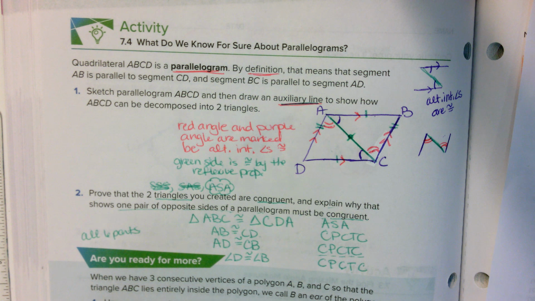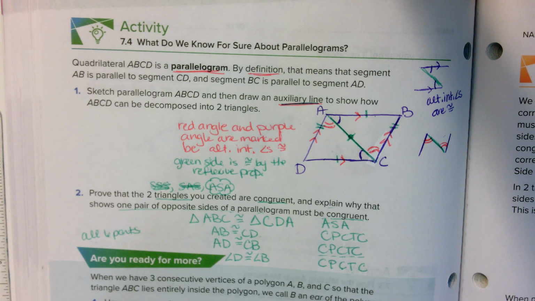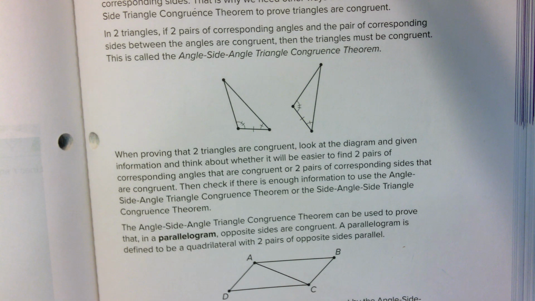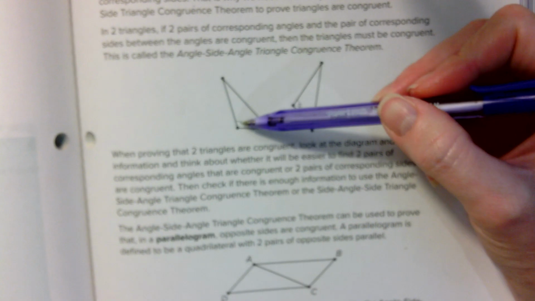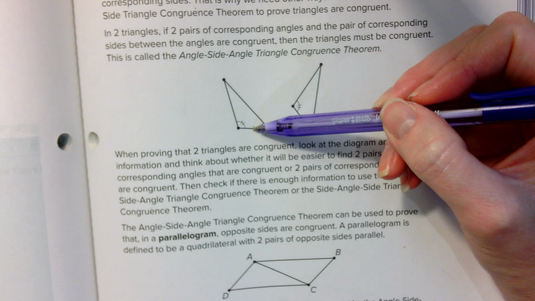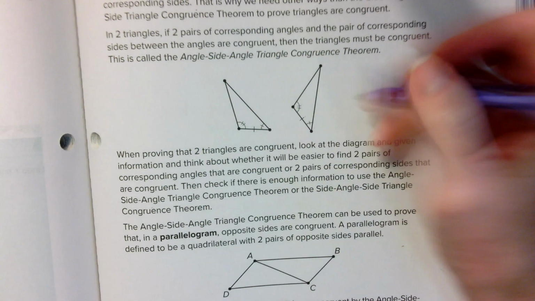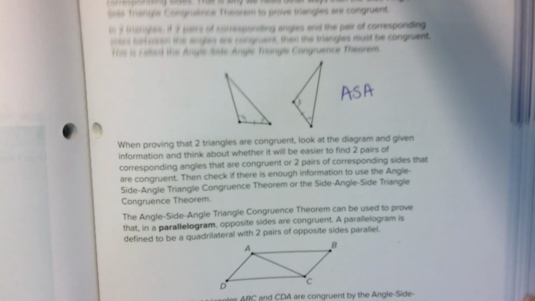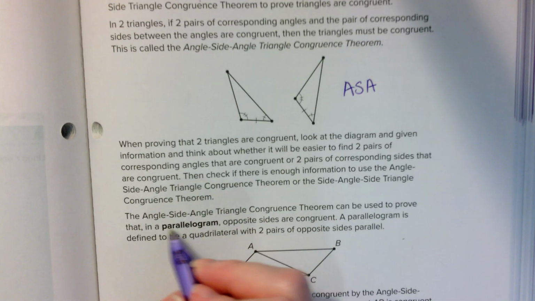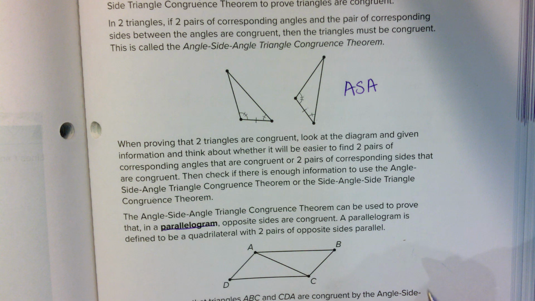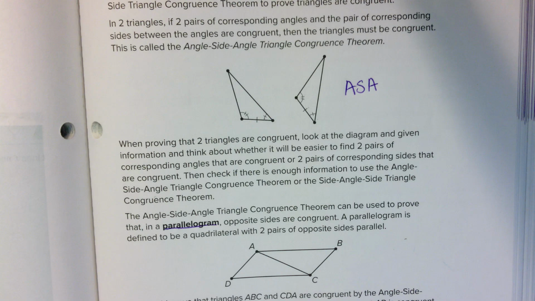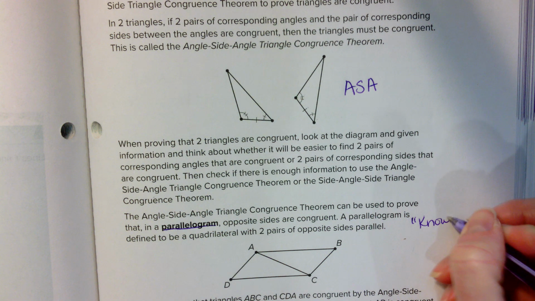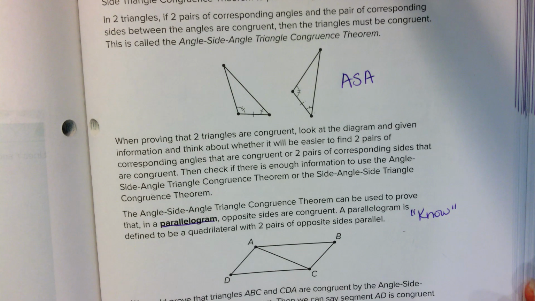So let's take a look at the summary on this page right here. So clearly, sometimes it's easy for me to see my angle, my included side, and my angle. Sometimes it's really easy to see the angle, side, angle in the picture. Other times, such as when I have a parallelogram, I have to mark things that I know because I'm smart, because I've been studying my geometry.